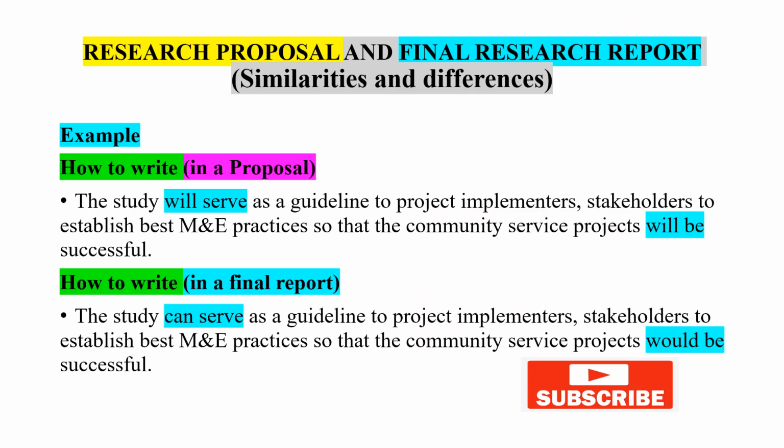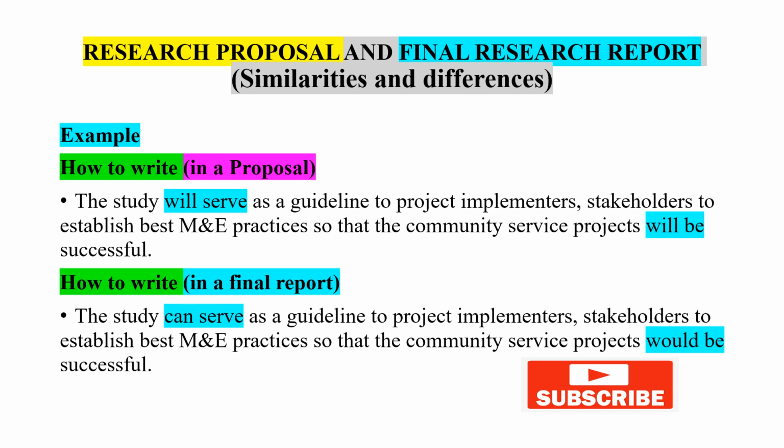There are some issues that make a research proposal and a final research report different. One of those differences is the way they are written. A research proposal is, in most cases, written in future tense, while a research report is written in past tense or present tense.